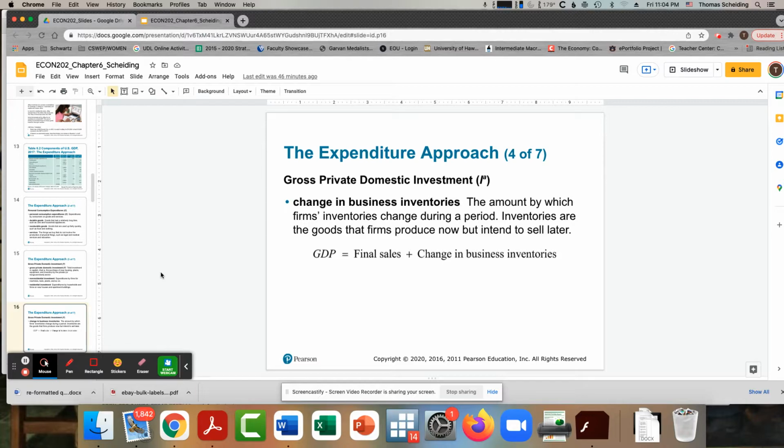Why a business decides to build up an inventory can either be unexpected or part of the plan. It would be unexpected if the firm suddenly had a reduction in sales. So if it unexpectedly had a reduction in sales, that would cause the firm to build up inventory levels.